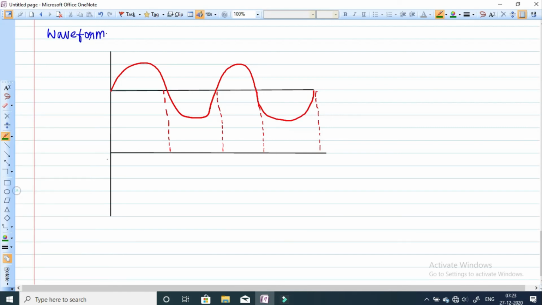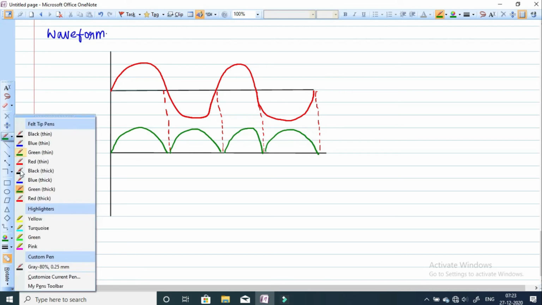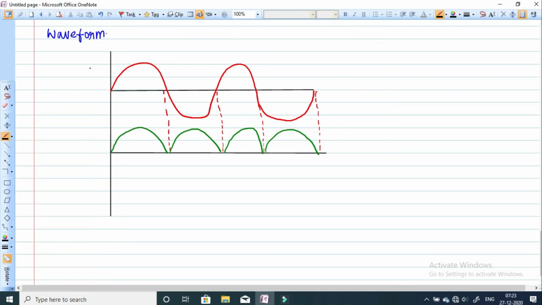This is the output. So basically this is giving your input AC and this is your output DC.